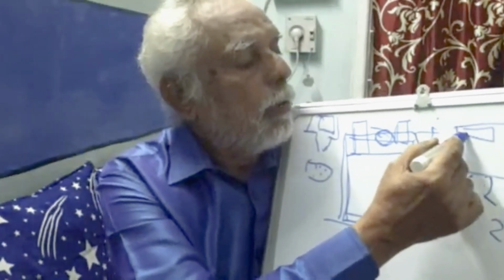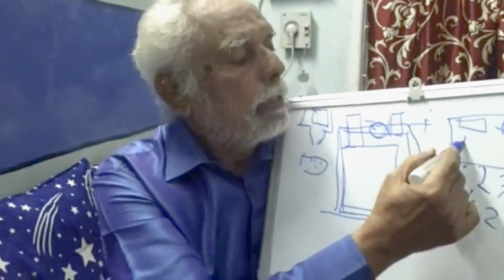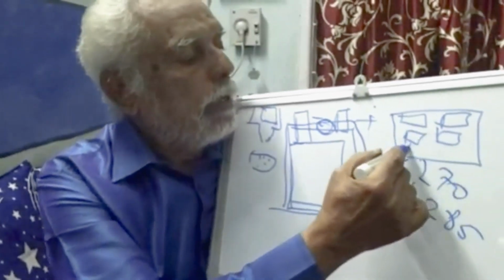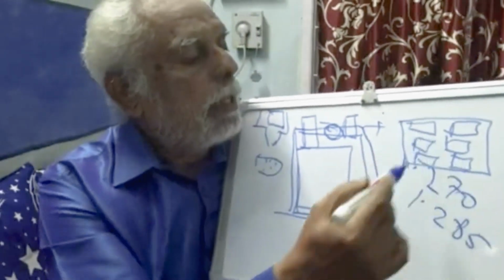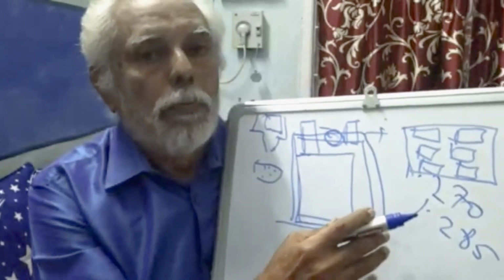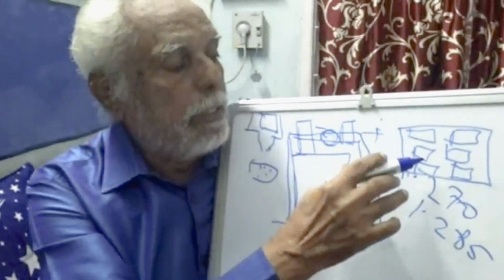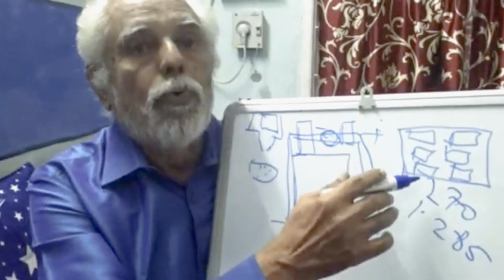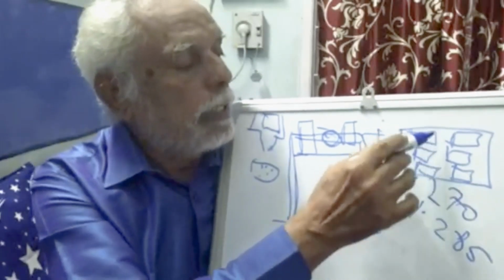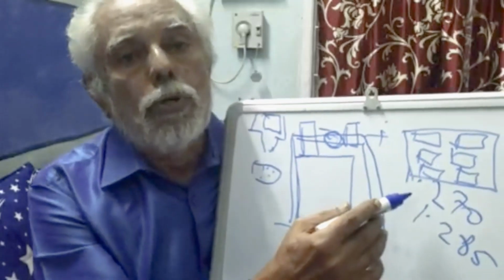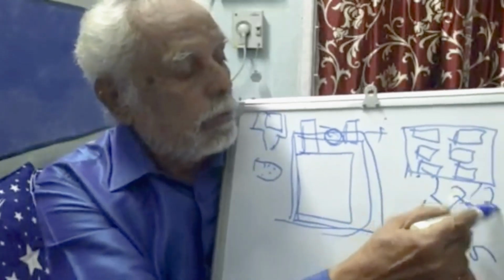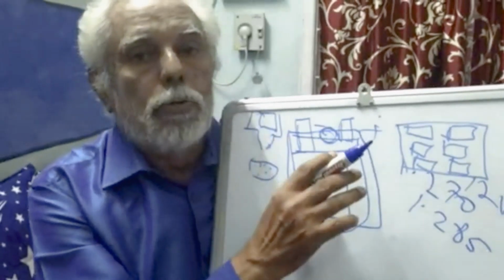This is 1 cell, 2 cell, 3 cell, 4 cell, 5 cell and 6 cells. All these 6 cells will be connected in series. Why are they connected in series? The energy remains constant, voltage increases. So if you connect in series, then 2 volt cells will become a 12 volt battery.